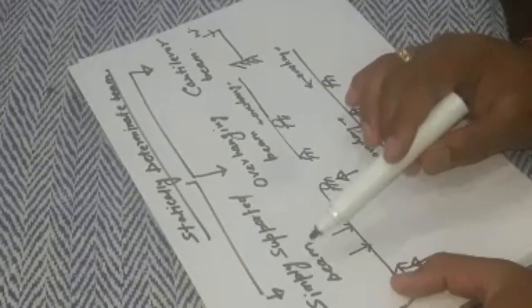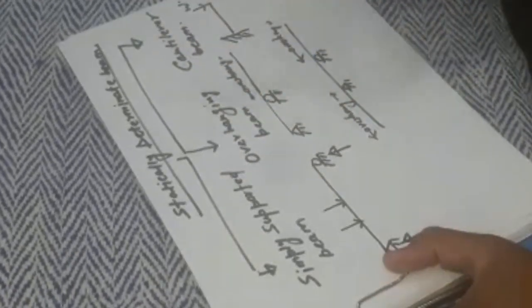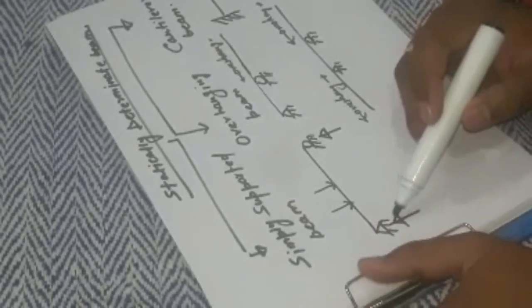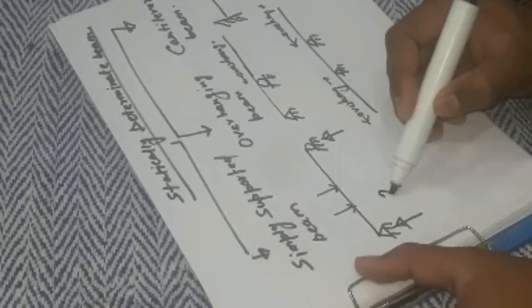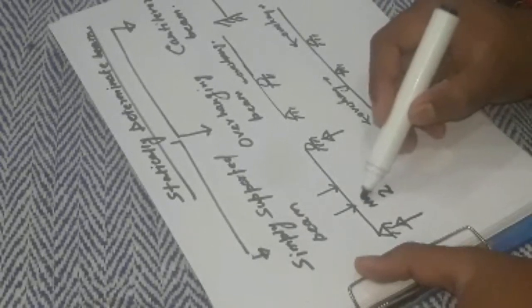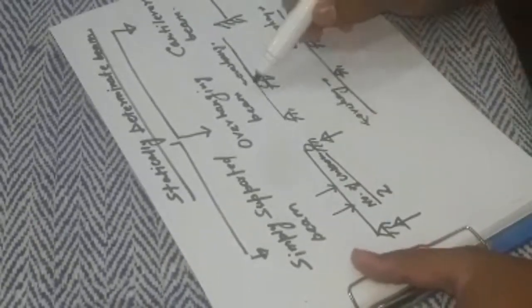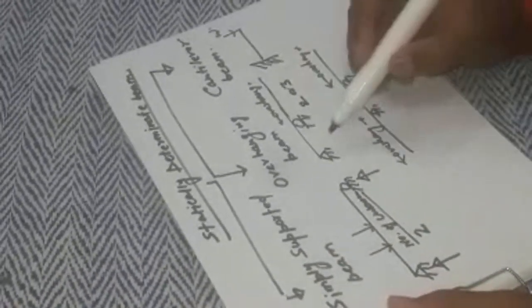In case of simply supported, it is 2, one reaction here and one reaction here. In case of overhanging beam, it is also 2 or 3.